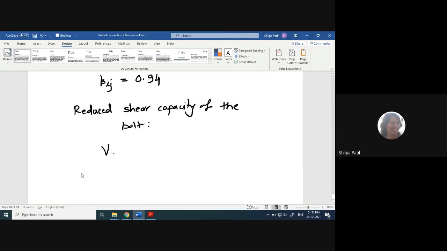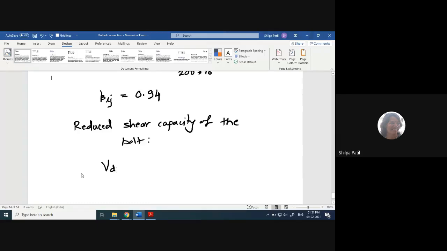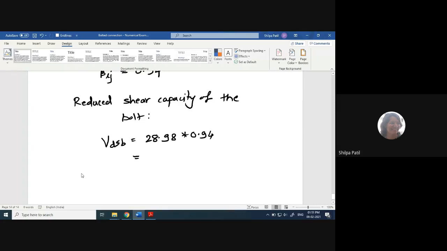It will be VDSB is equal to, what is the value of VDSB? 28.98. 28.98 multiplied by 0.94. So what value are you getting? 27.24.